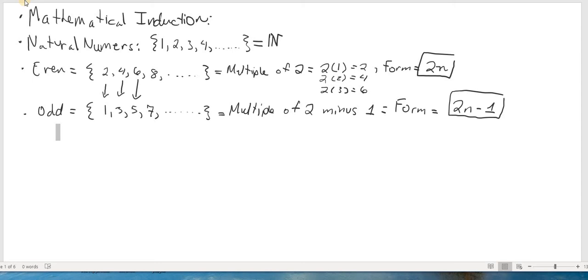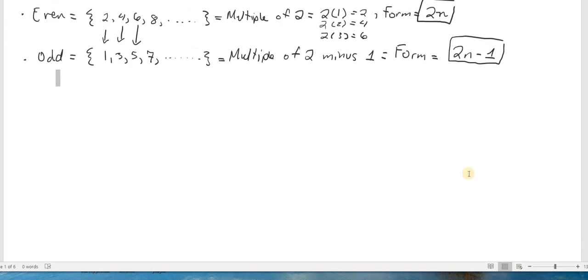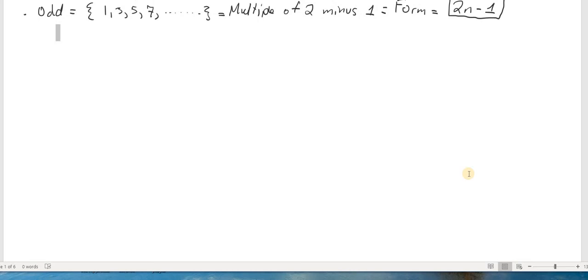Okay, so now let's look at some properties of even numbers and odd numbers.